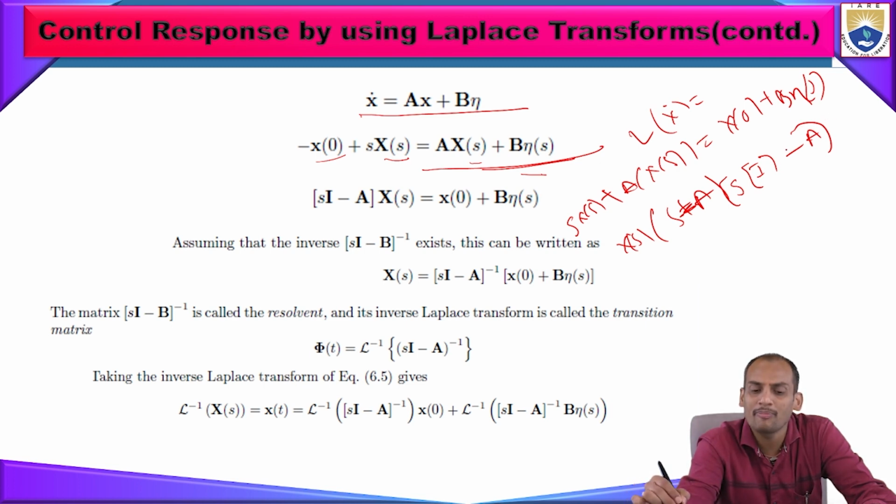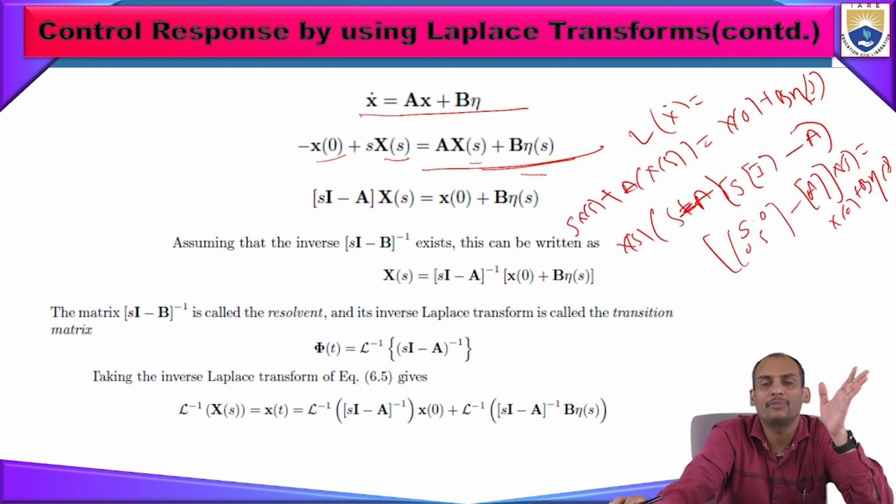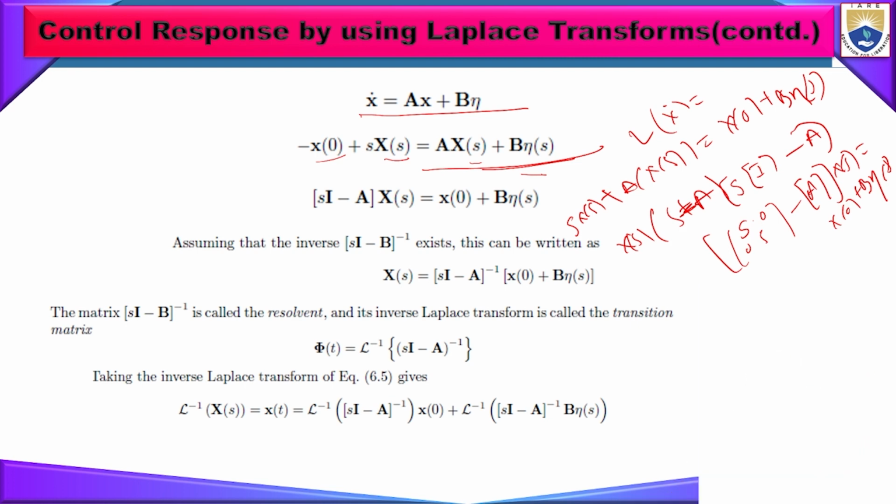That will be sI minus a, which means s 0, s minus a, into x of s equal to x of 0 plus beta eta of s. So this will be the equation. I mean, we are making it into matrix form.